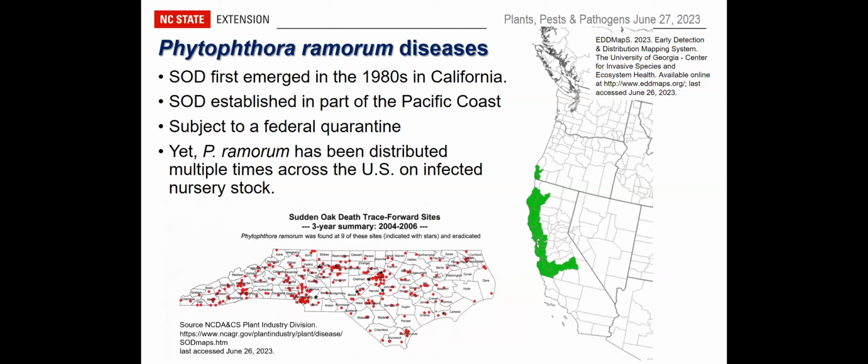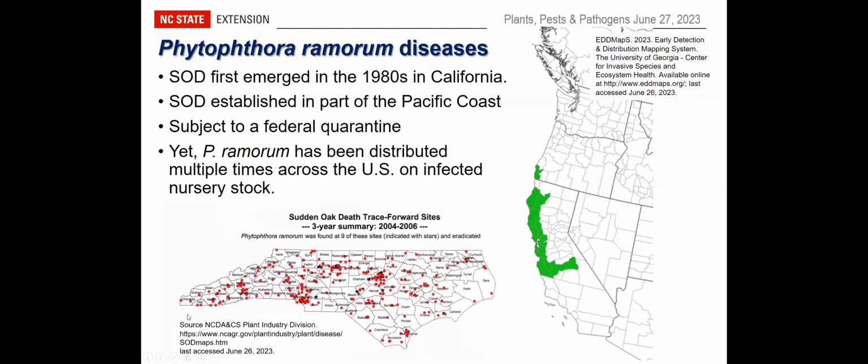Went out of nurseries, they looked, all these dots here are places where a location received shipment of plants from the nurseries that were affected by the disease. Out of all those dots in those 3 years, 9 of them, the ones that are stars, I'm not sure if you can see it on your screen there, were sites where they found the pathogen Phytophthora ramorum and that they were eradicated.